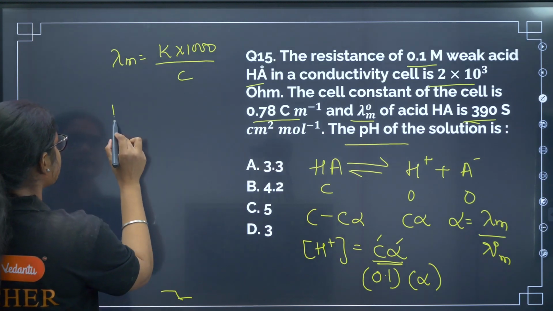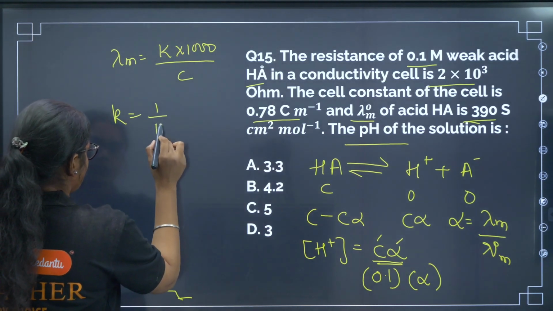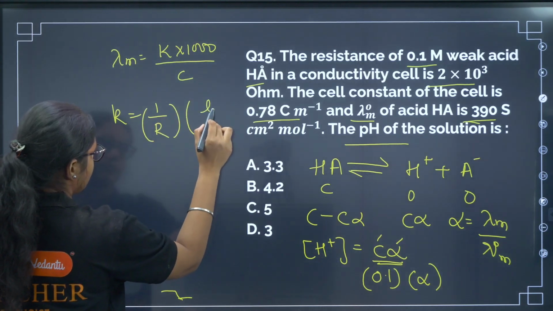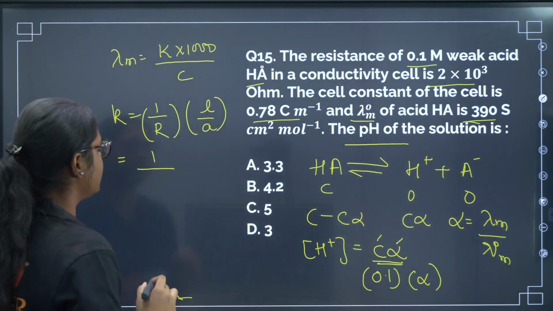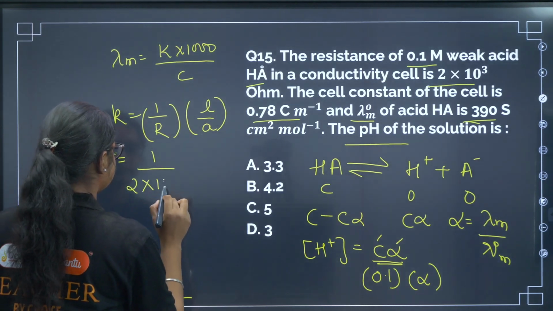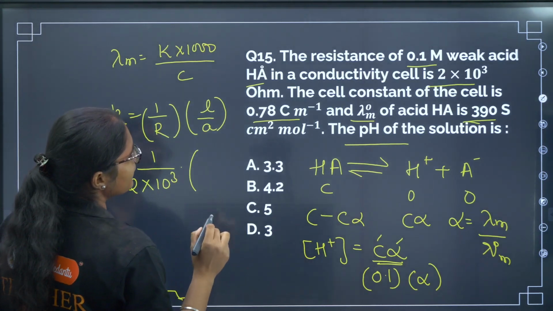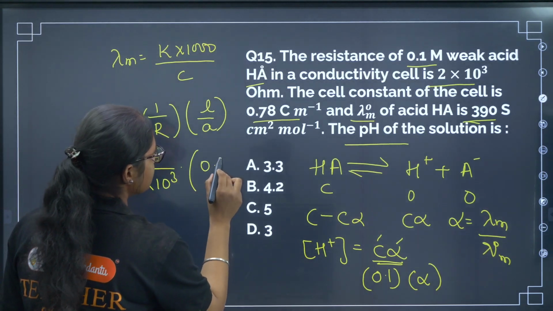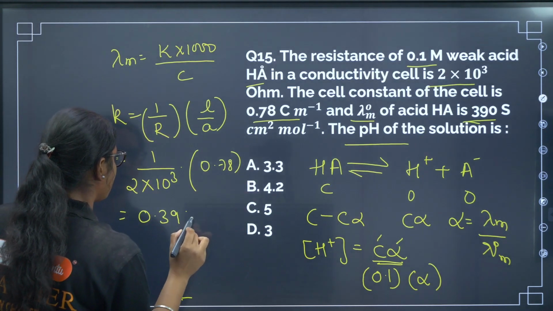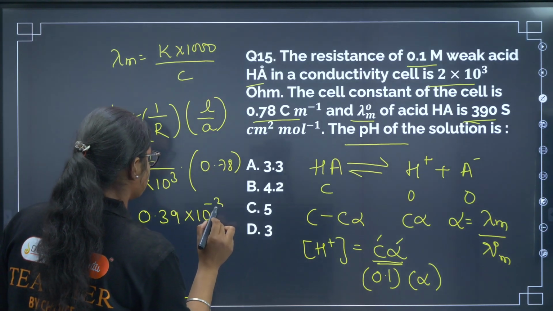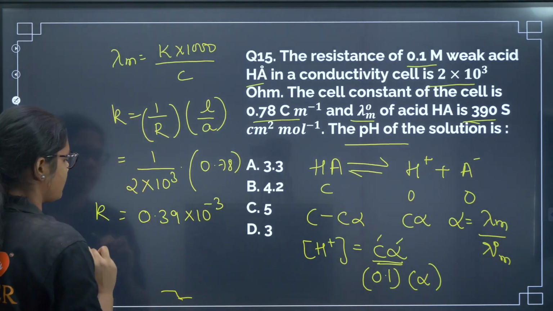So we have to first find the kappa value, that is 1 by R into L by A, where L by A is the cell constant. R value here is 2 into 10 to the power of 3, and L by A value is 0.78. So we'll get 0.39 into 10 to the power of minus 3. That is the kappa value.